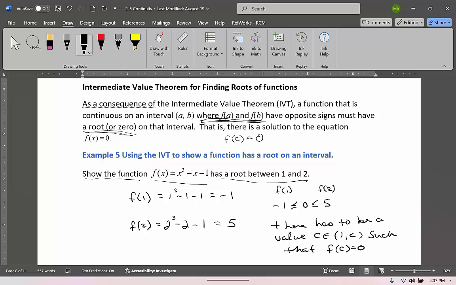That's the intermediate value theorem, because 0 is between these two values.